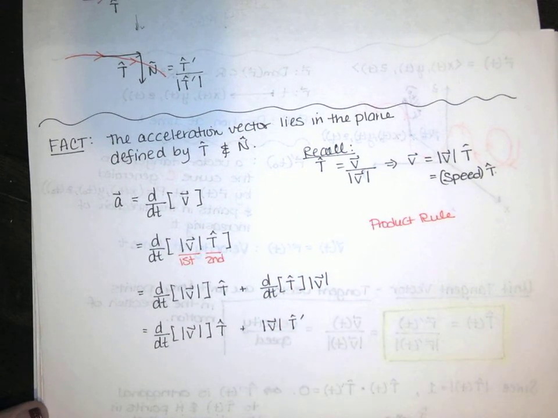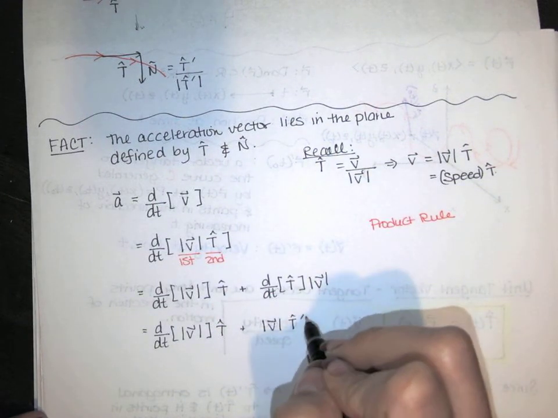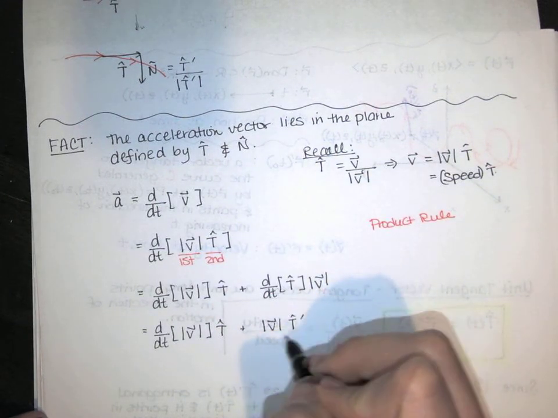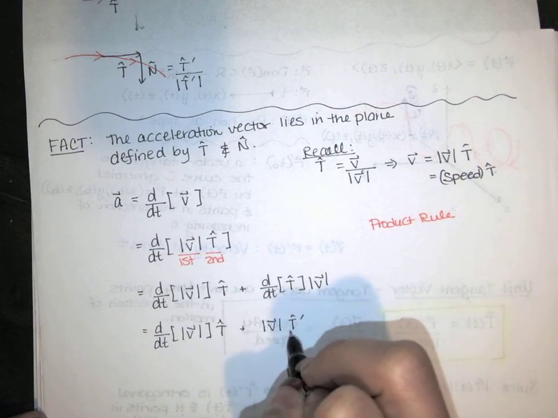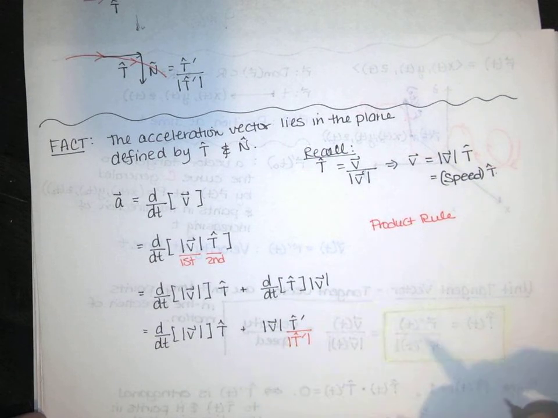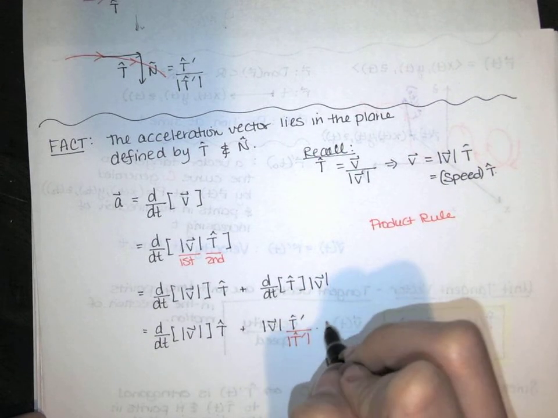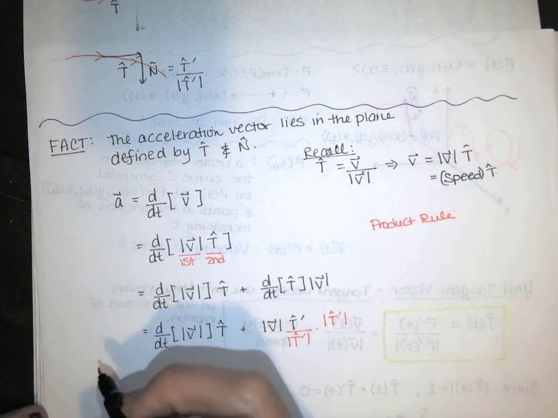Well, we know that that's related to the unit normal based on how we just defined it. The unit normal is this vector that points in the direction that we're turning, divided by its magnitude. So I can take this and make it a unit normal by dividing by the magnitude, as long as I compensate for that by multiplying by the magnitude. So now we've got this.